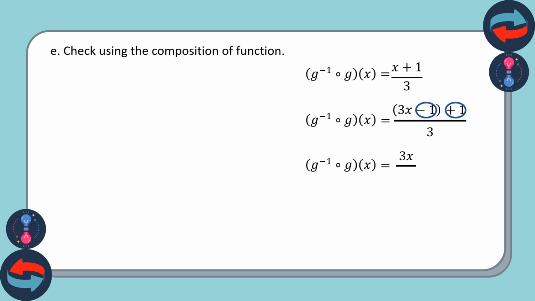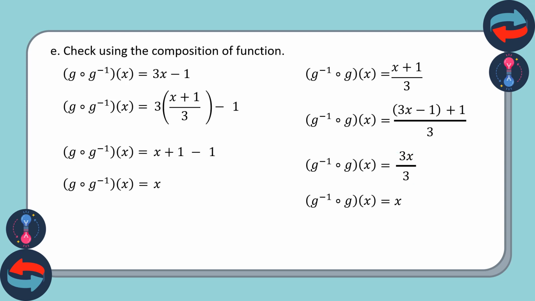Then we copy over 3. 3x divided by 3 is equal to x. So the inverse of g circle g of x is equal to x. x is equal to x.